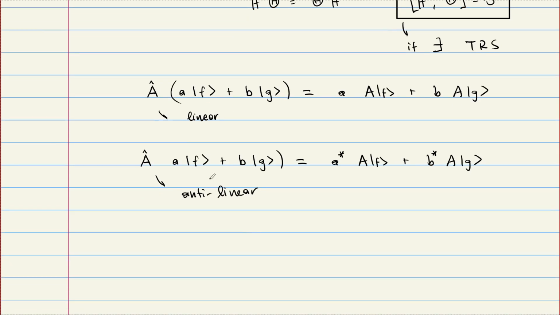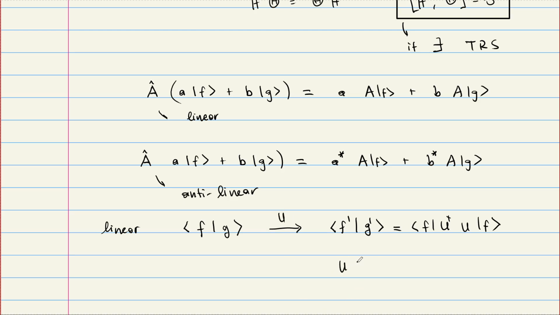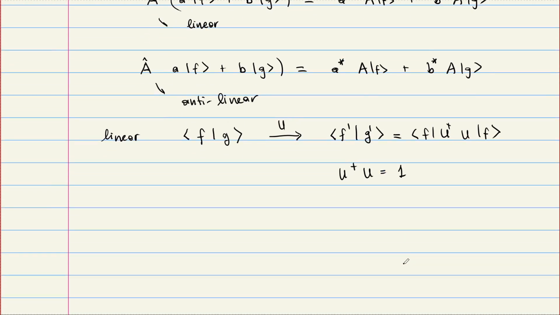So if we are going to talk about unitary operators, unitary operators are linear. We have some inner product between f and g, and under a unitary, we need to preserve the inner product, f prime, g prime. So these are transformed, and this is going to be f, u dagger, u, g, right? And from here, if we are to preserve the inner product, we need to have u dagger u equal to 1.